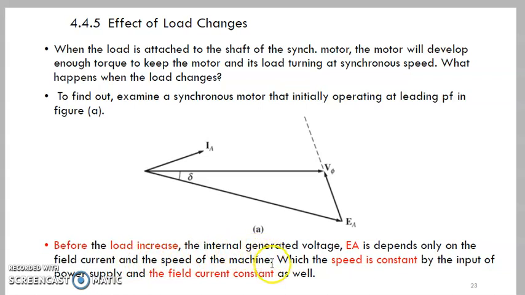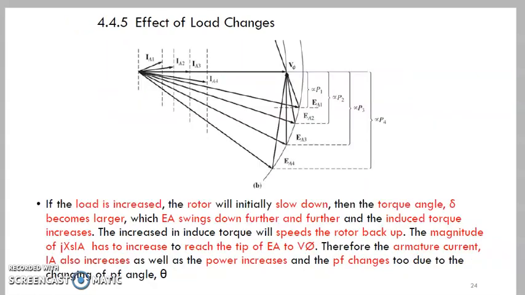The speed follows the rotating magnetic field, whose frequency is the line frequency, constant from the power supply, and the field current is set constant. So EA is a little bit lower than V phase.